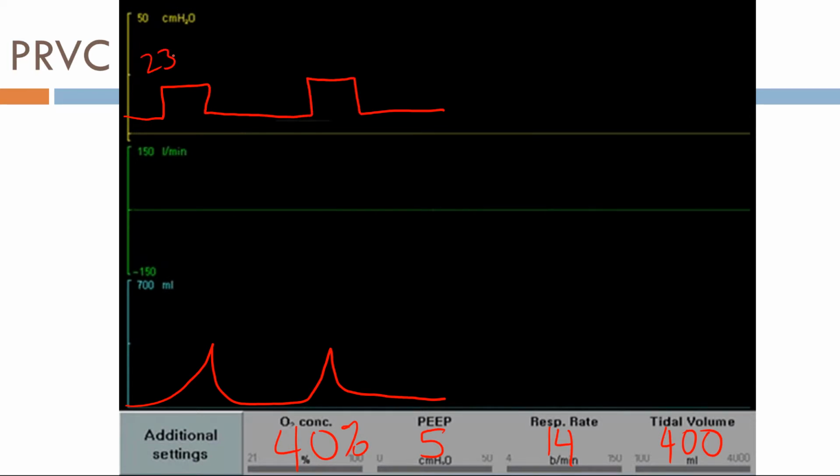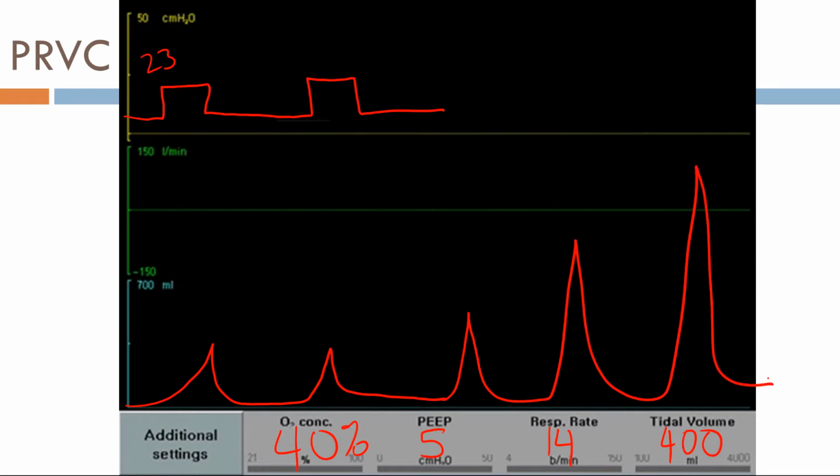Now, if a patient is spontaneously breathing or becomes awake and agitated, their volumes will go higher and higher and higher. Now, the computer will think, hey, this patient's lung is becoming more compliant because for this amount of pressure I'm delivering, the volume is going very high.